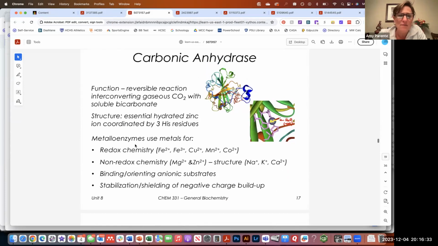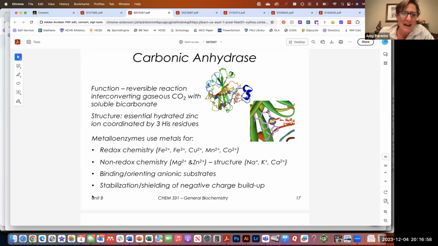We need metals sometimes to do a variety of different purposes in enzyme active sites. So just remembering what some of those things are. The neat one is that we can do a lot with metals that we can't do with amino acid side chains. So we can do redox chemistry. We can also do a lot of the same things that amino acid side chains can do.